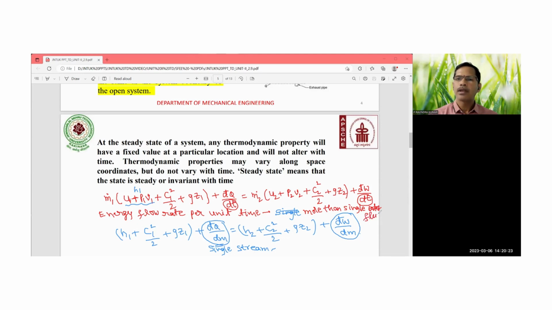In that case, the time is mentioned. But in the case of a single stream, you can use the per unit mass equation. Now you have to apply this steady flow energy equation for solving the numerical cases.